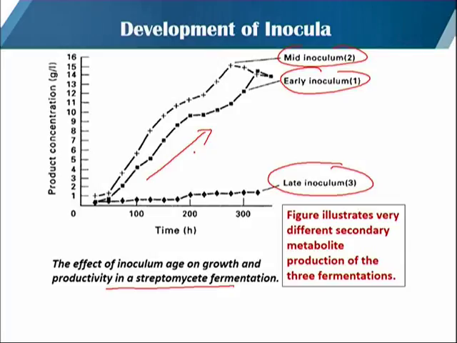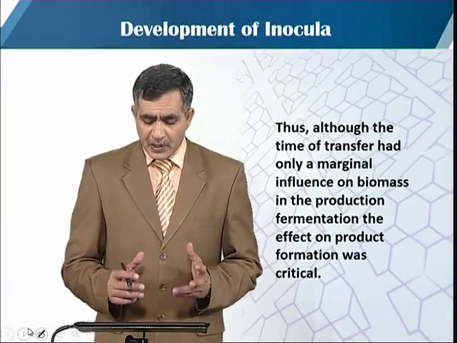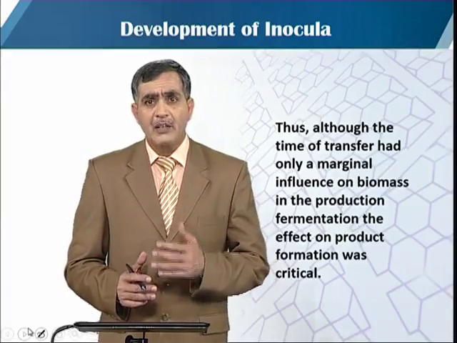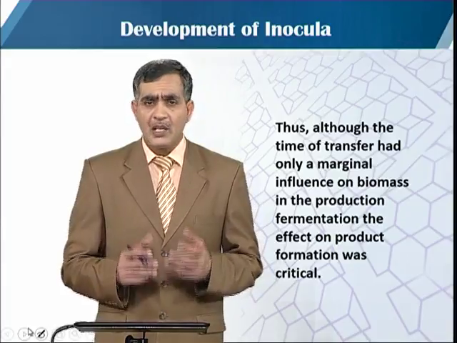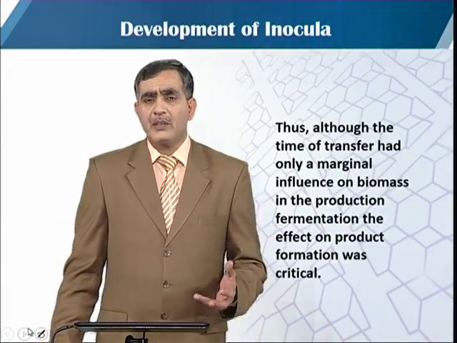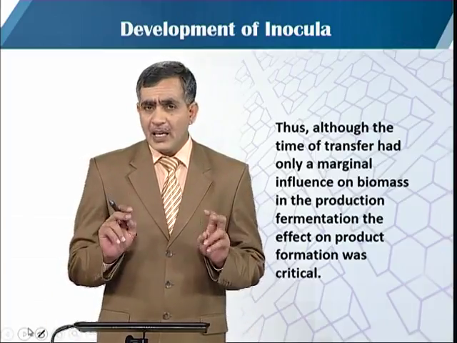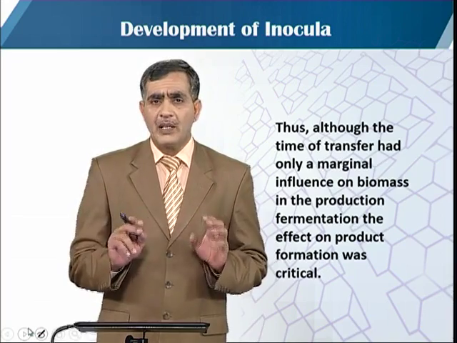Although the time of transfer had only a marginal influence on the biomass in the production fermentation, the effect on product formation is very critical. So when we have to transfer the inoculum, the time and the age of that inoculum are very critical.